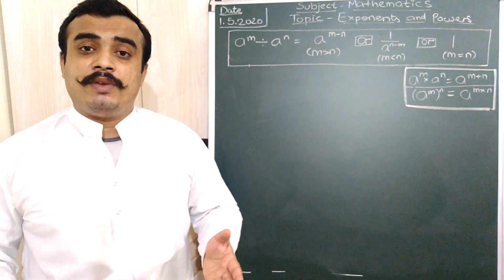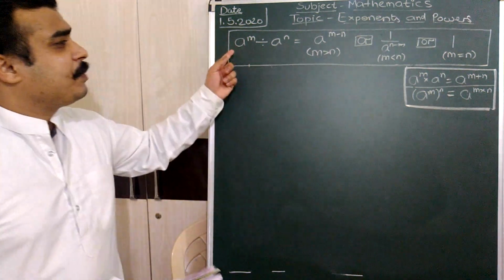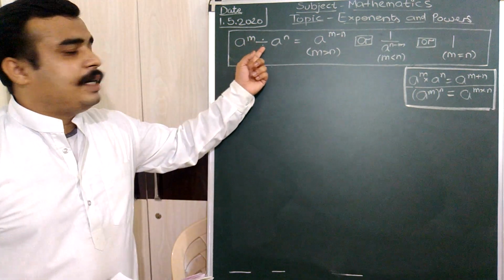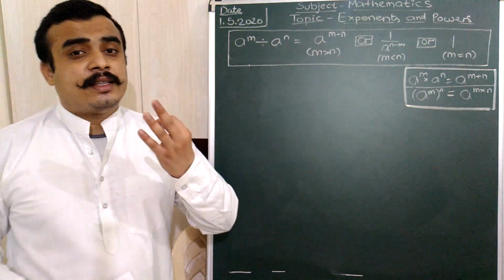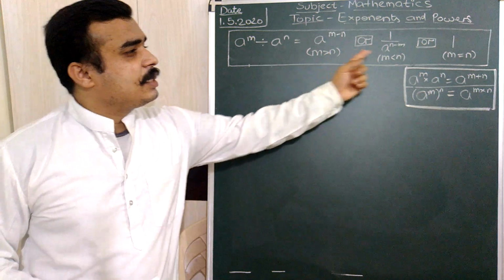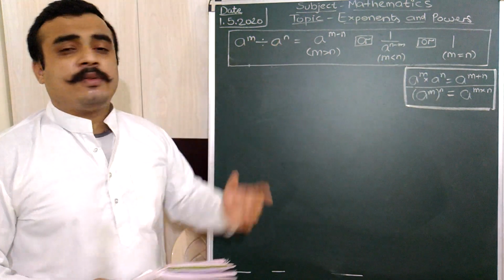Now in this video we will learn the third law, and that is a raised to the power m divided by a raised to the power n. So here we have three possibilities, first, second and third, and that depends on the values of powers.